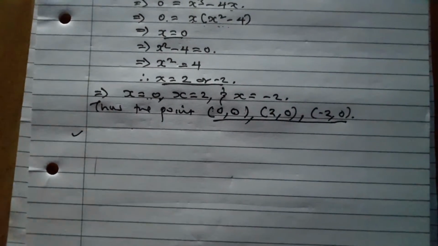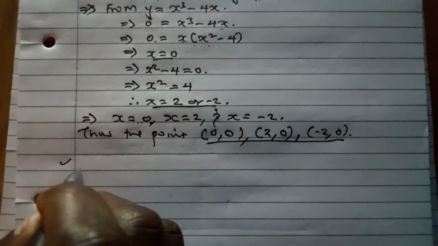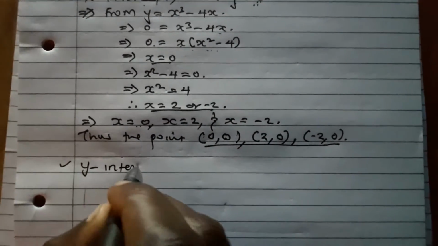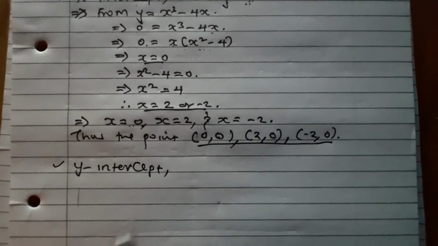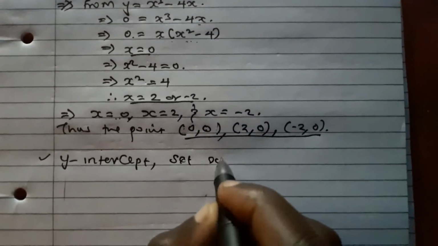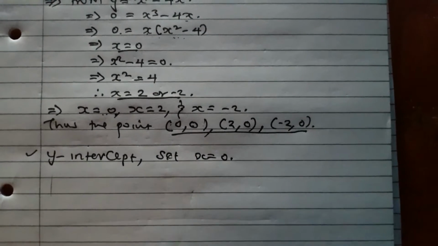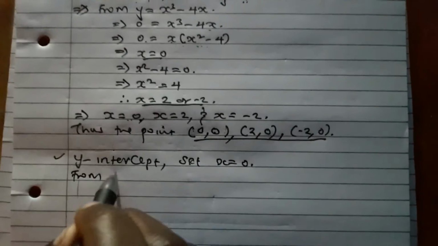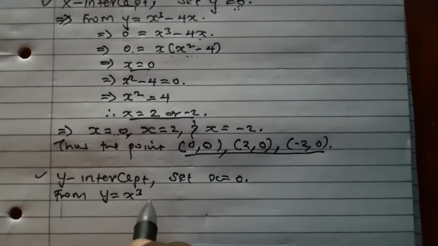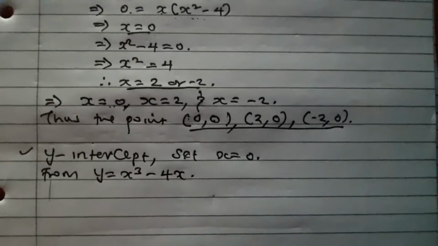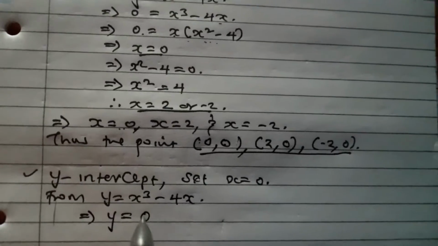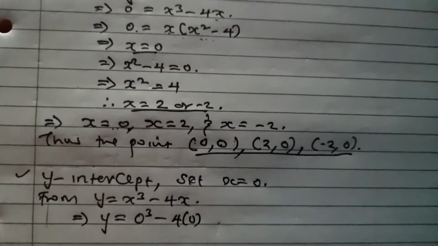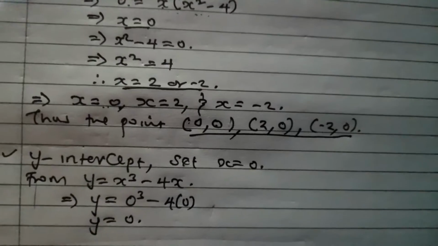So let's go and do the y-intercept. How do we get the y-intercept? Here we set x equal to 0. From the function y is equal to x cubed minus 4x, we substitute in the value of x as 0, and this implies that y is equal to 0 cubed minus 4 times 0, implying that y is equal to 0.